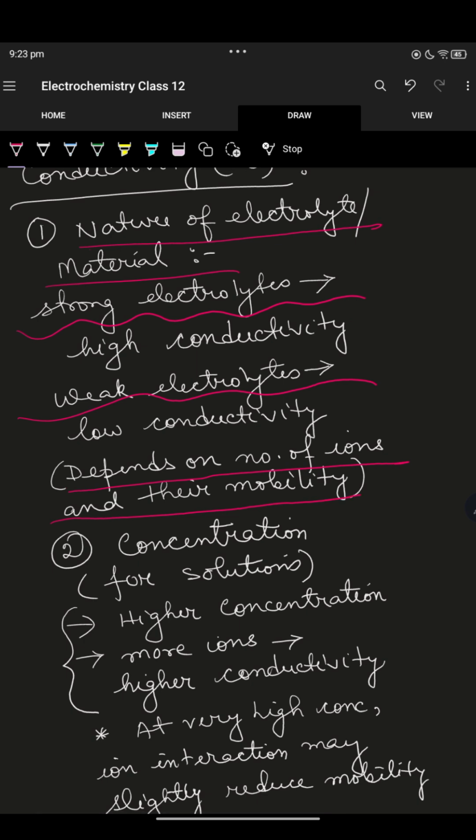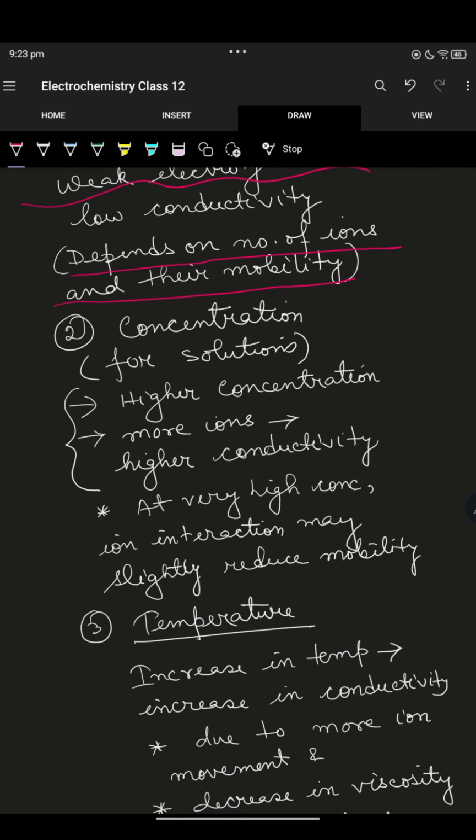Of course, number of ions is related to the strong electrolyte. Mobility also depends on the medium. So next is concentration for electrolytes. Higher the concentration, more ions are there and higher is the conductivity. At very high concentration, ion interaction may slightly reduce the mobility.